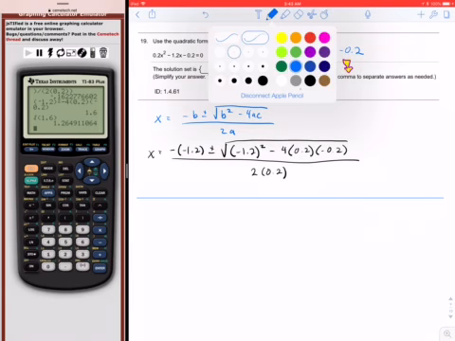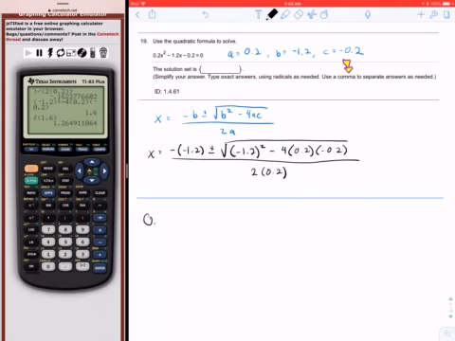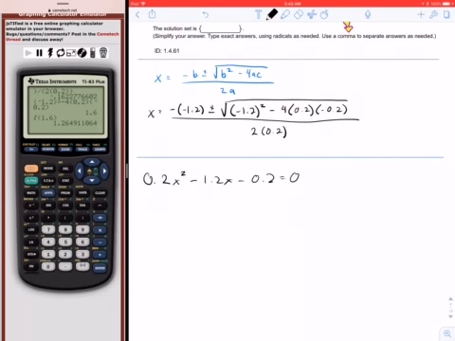So the original is 0.2x squared minus 1.2x minus 0.2 equal to 0. I just want to see what happens if we multiply the left and the right by 10. So we would distribute, and let's see what happens.